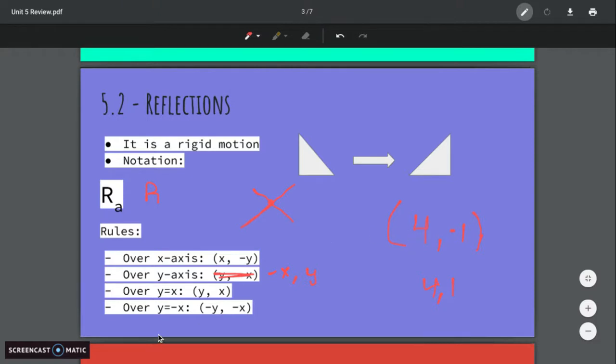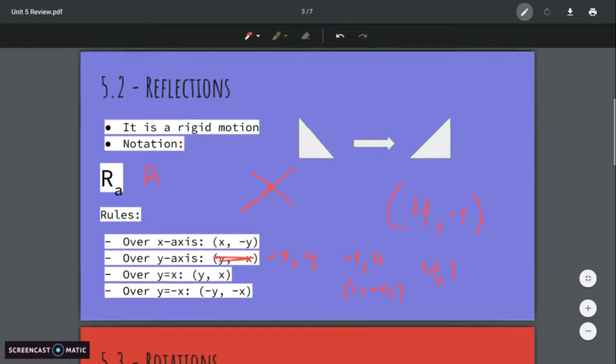If you need to reflect that over Y equals negative X, let's just say, they switch places, so it would be negative 1, 4, but then they both turn negative. So the next step is to change their signs. This goes to 1, this goes to negative 4. So if we're reflecting it over Y equals negative X, then do that. It might make more sense if you did the work on the graph, but I just don't have one here.